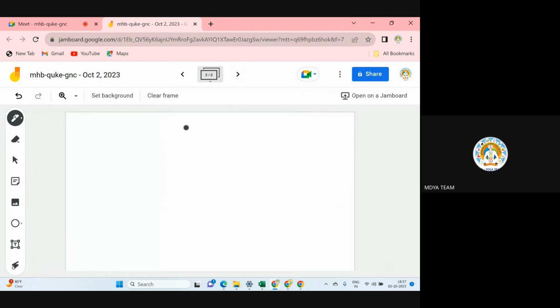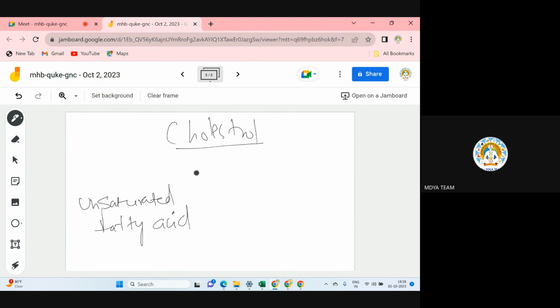And if this cholesterol is mostly made up of unsaturated fatty acid, then our liver will use HDL, high density lipoprotein, to transport this cholesterol.